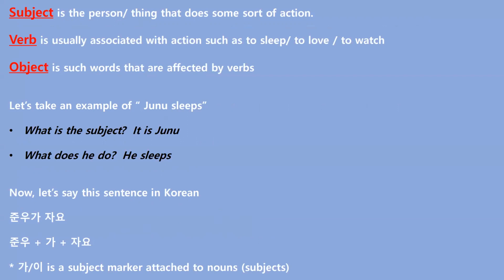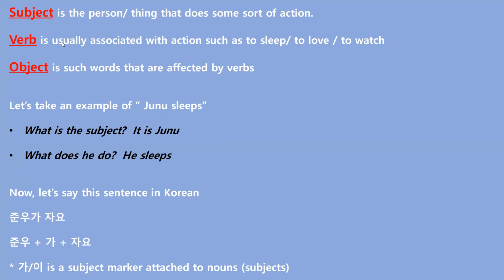Most people are already familiar with these linguistic terms. We always use them. But to make it simple, a subject is usually a person or thing that does some sort of action. It can be a person, it can be a thing, or anything that does an action that affects something. A verb is usually associated with action. So we do something, right?